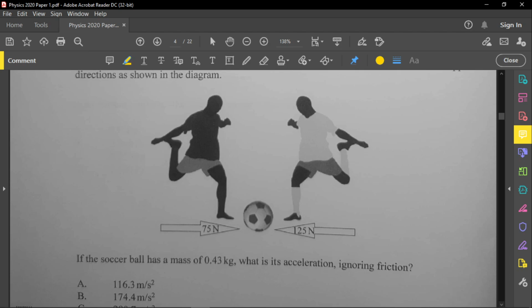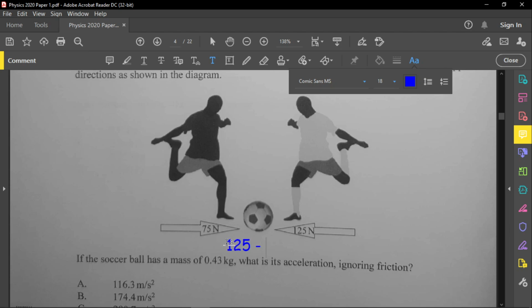Because remember, for forces going in opposite directions, to add them you can just subtract, or you give one a positive value and one a negative value. So the resultant force acting on the ball will be 125 newtons minus 75 newtons. And so the resultant force will be 50 newtons.